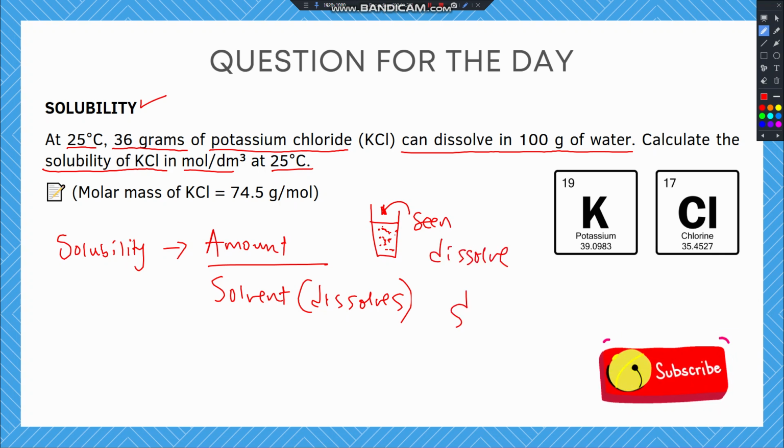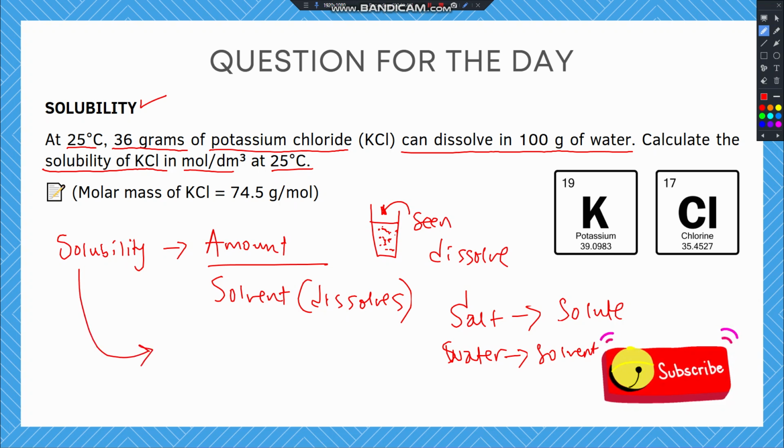Now, the salt is called the solute because it is the one that is dissolved, and the water is called the solvent. So solubility is simply defined as the amount of solute that can be dissolved in a particular amount of solvent.